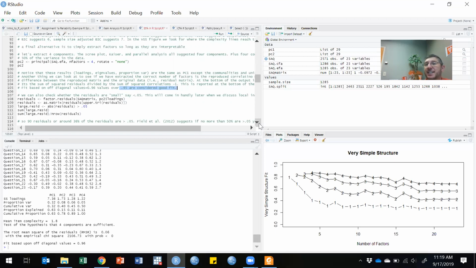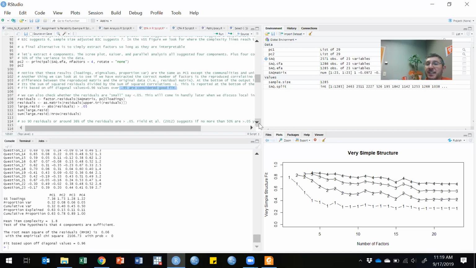So that's kind of what the residuals are measuring. And so, if our factors or our components here are doing a good job of explaining the relationship among the variables, then the residuals should be low.